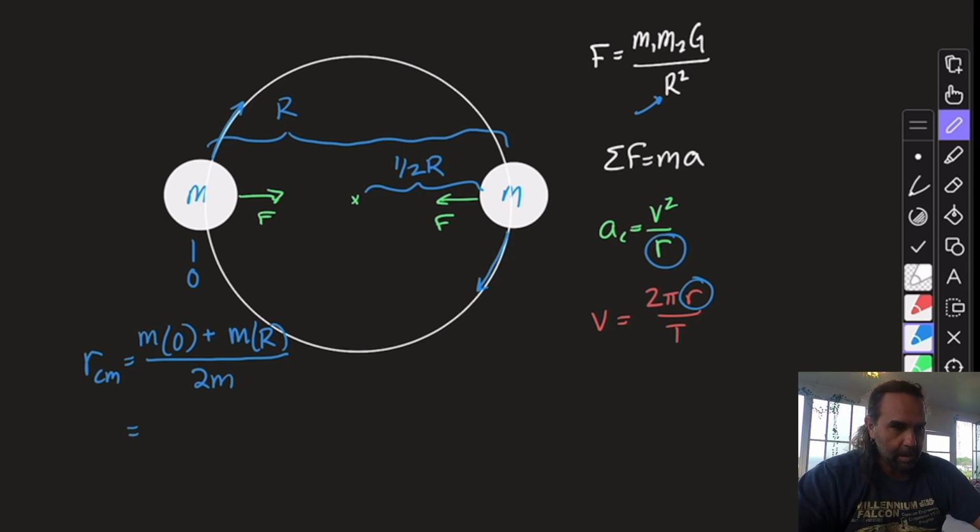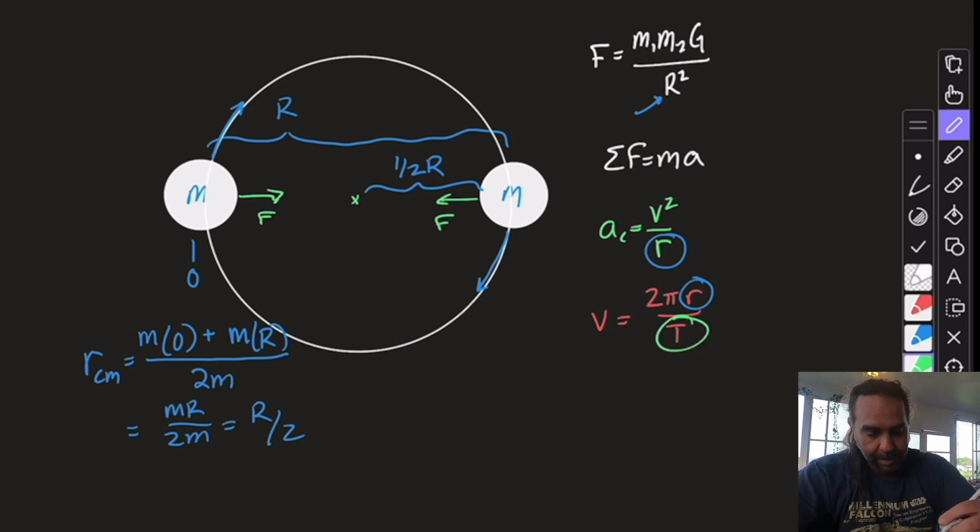So doing a little bit of math here, I get mr over 2m, or r over 2. So see, we could use the center of mass formula. I just didn't, because I didn't have to. So if I wanted to know how long it takes this system to orbit, I'm searching for this.